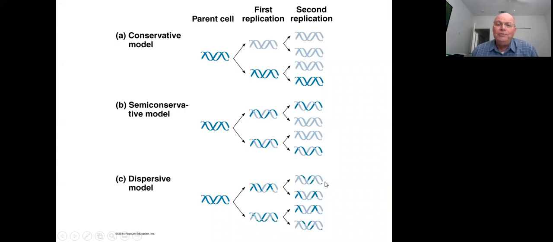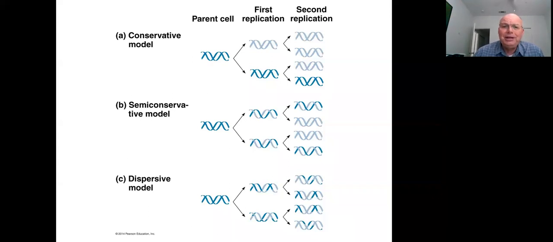So over time, you get a sequential dilution of the original parental DNA by the production of new DNA. So Meselson and Stahl were aware of what these three models were implying. The problem was, how do you separate out the parental DNA from the daughter DNA molecules?